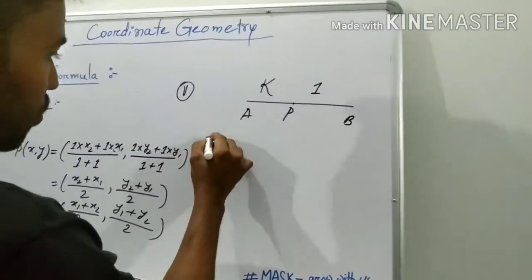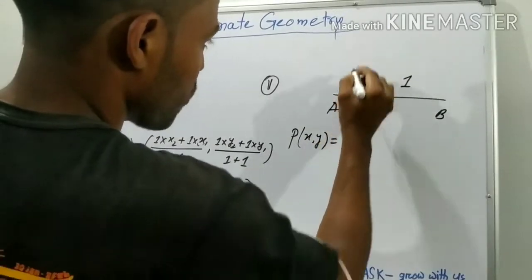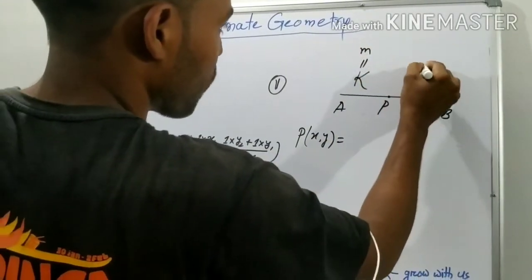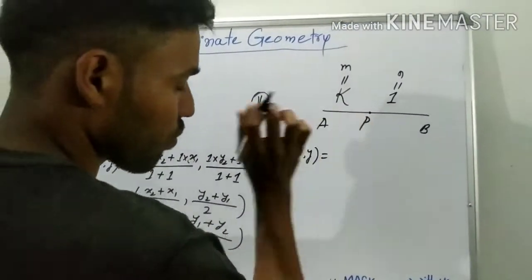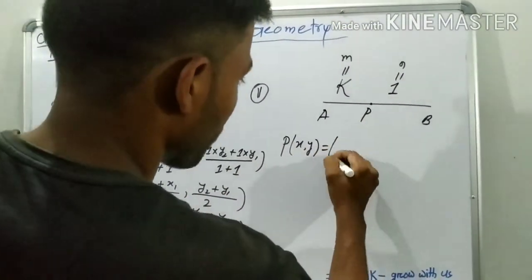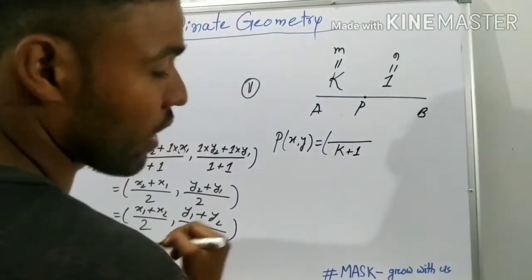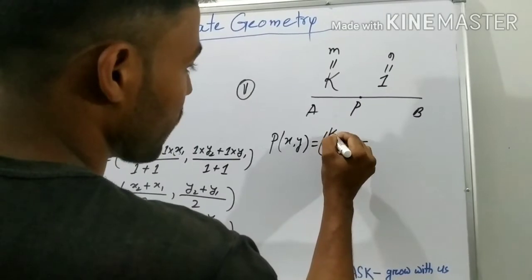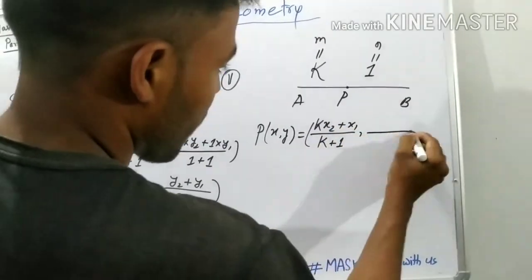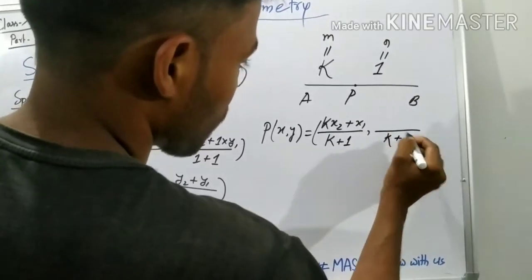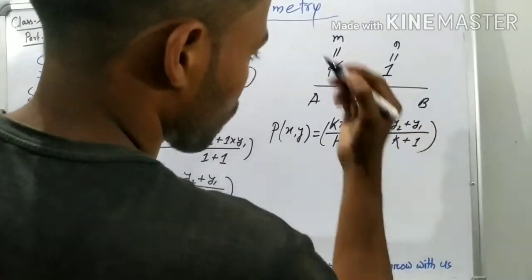So then the position of P will be, the value of m will be k and the value of n will be 1 if we do not provide the ratio. Then in place of m plus n we are going to write k plus 1, and in place of m we are going to write k. So this will be (kx2 plus x1) by (k plus 1), (ky2 plus y1) by (k plus 1).